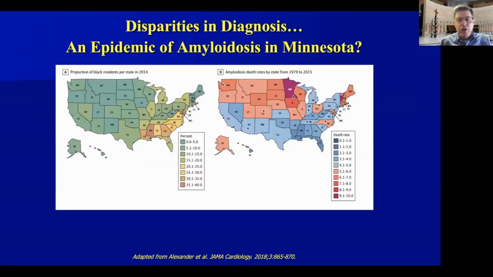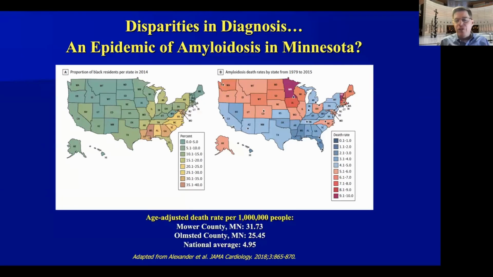And when you look at it graphically here, you see the proportion of Black residents per state on the left, highest in the South. And then you see the amyloidosis death rates by states, where you actually see the lowest in the South. And in fact, you see this, what seems to be an epidemic of amyloidosis in Minnesota. And the reason for that is because of the locations of amyloid centers.